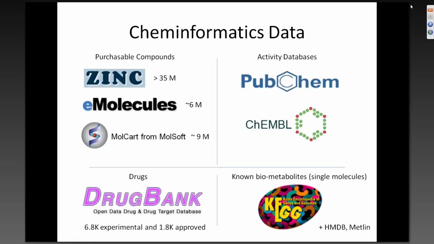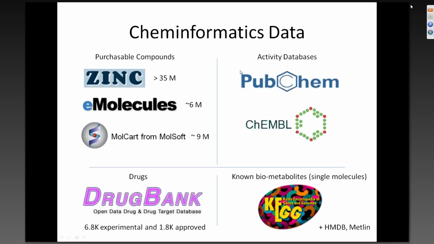And it's convenient because you can screen them, and then you can purchase the actual compound directly from them to test. And here at Molsoft, we have a good relationship with more than 35 different vendors, and they regularly send us their updates of their SDF files, and we compile them into a database of 9 million compounds, and that's available if you want to use that. And also, you obviously can go directly to a chemical vendor, for example, ChemDiv or ChemBridge, and they can send you the SDF file to look at.